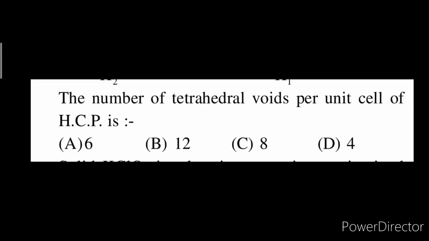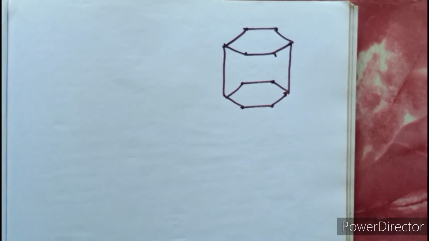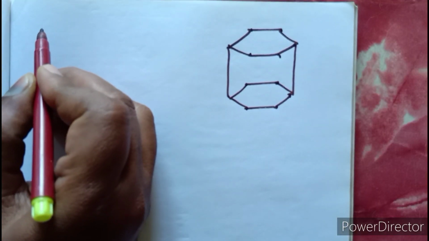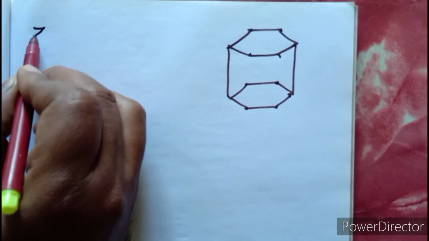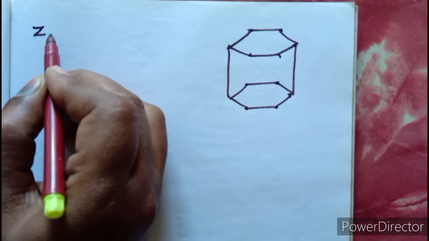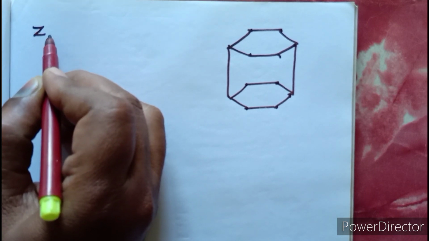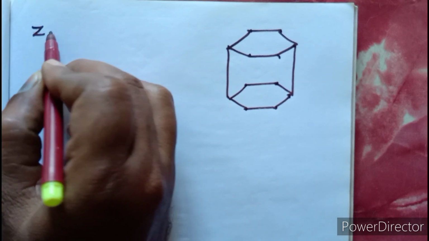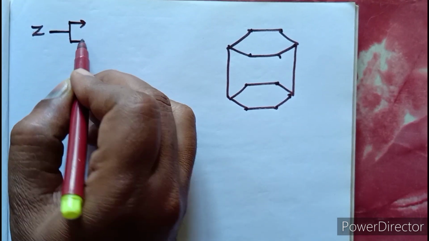The number of tetrahedral voids per unit cell of HCP is asked. In any close packed structure, Z is the number of atoms per unit cell, and it contains two types of voids.